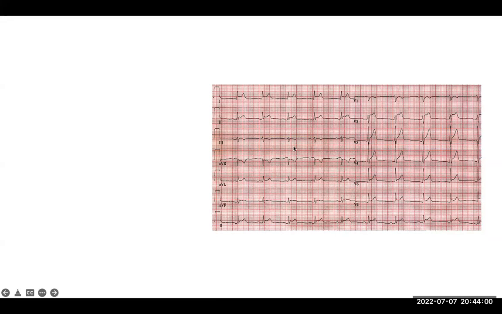Unlike in acute coronary syndrome, where you see ST segment elevation in a particular region, when you see widespread ST segment elevation in an ECG and the patient has got chest pain, the differential diagnosis is pericarditis. So widespread ST segment elevation with no reciprocal changes, that's not following any anatomy, it's pericarditis until proven otherwise.